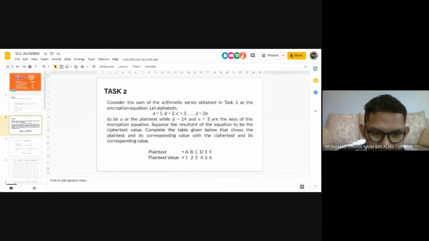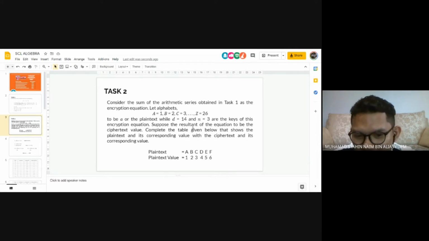For task 2, consider the sum of the arithmetic series obtained in task 1 as the encryption equation. Let the alphabet A equal to 1, B equal to 2, C equal to 3, and so on until Z equal to 26 be the plain text, while d equal to 14 and n equal to 3 are the keys of this encryption equation.